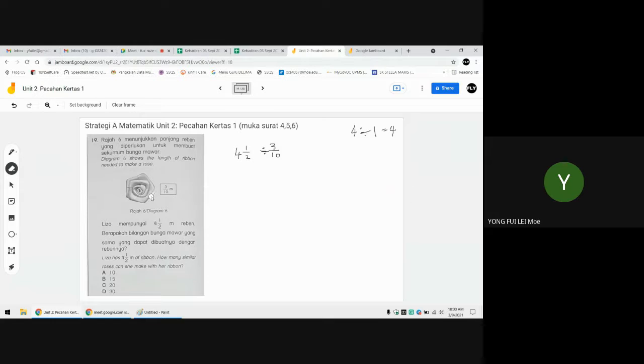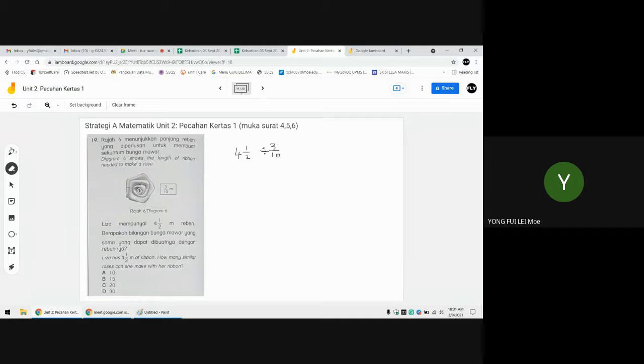So how many roses can I make with this 4 meter ribbon? So 4 divided by 1 is 4 roses that I can make. 4 roses saja yang saya boleh buat. So this is divided by 1. Same thing. These are only one of the techniques. So if you are confused which one you have to use, you can use another, easier example for you.